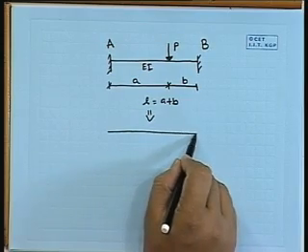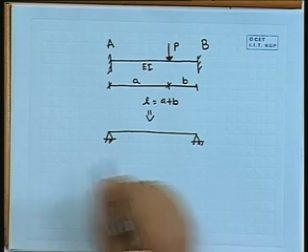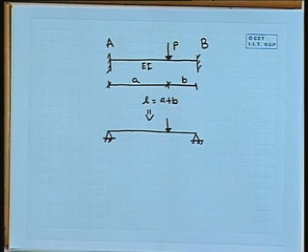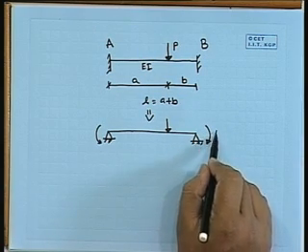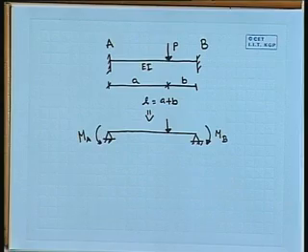Now, if I idealize this problem in that manner, we can release the restraint imposed by support A and support B against rotation, and put some moment in lieu of that restraint. The restraint will basically give some moment.